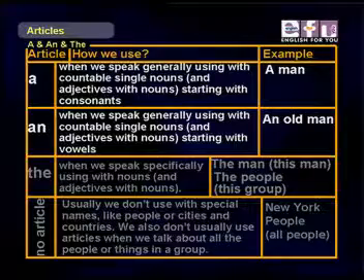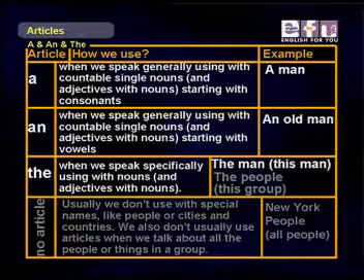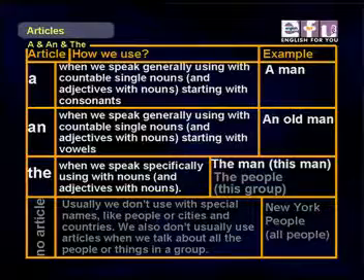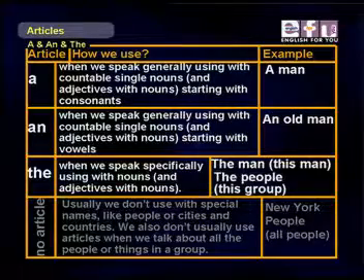We use an when we speak generally with countable single nouns and adjectives with nouns starting with vowels. For example, an old man. We use the article the when we speak specifically using nouns and adjectives with nouns. For example, the man, this one we're talking about, or the people when we're talking about this group.